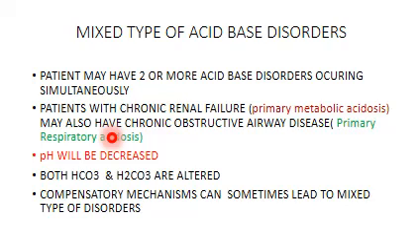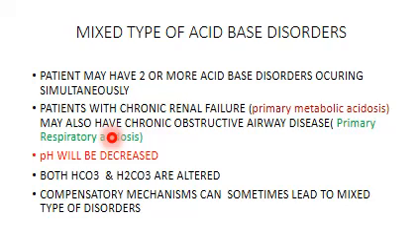Lastly, there could be a mixed type of acid-base disorder. The patient may have 2 or more acid-base disorders occurring simultaneously. For example, a patient may present with chronic renal failure. So that patient would definitely have primary metabolic acidosis.